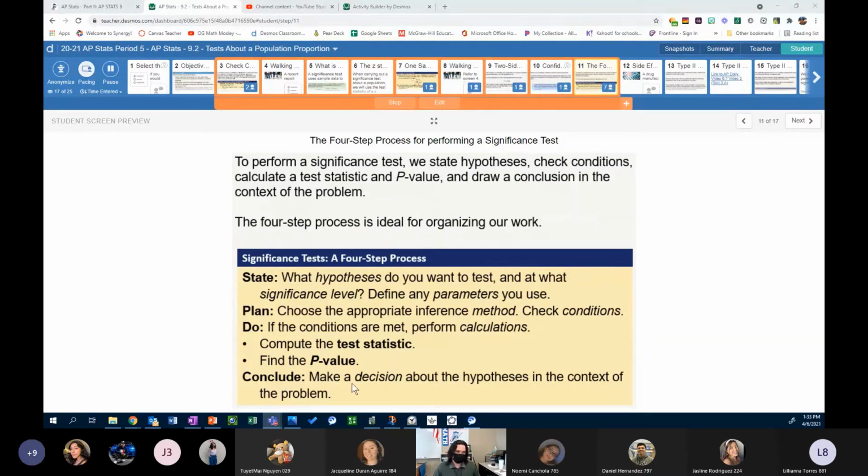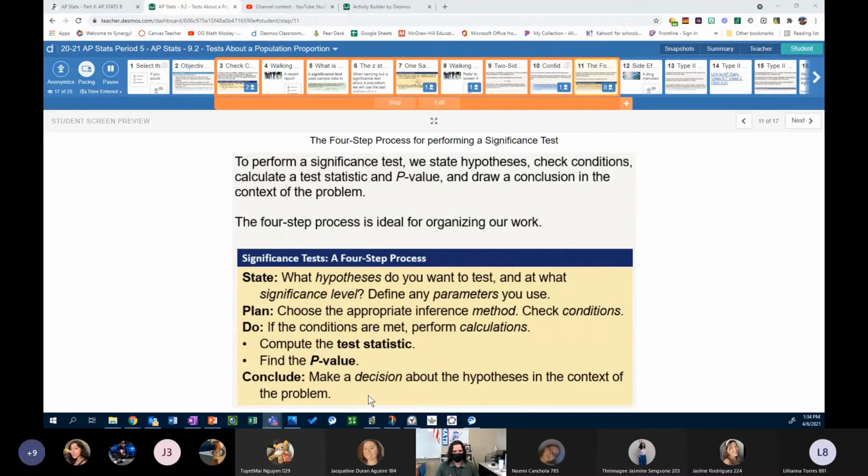Conclude: make a decision about the hypotheses in the context of the problem. This is incredibly important. Your conclusion must refer back to the context. It is not enough to simply say, we reject the null hypothesis, we have evidence for the alternative. While it might be correct, it is not sufficient.